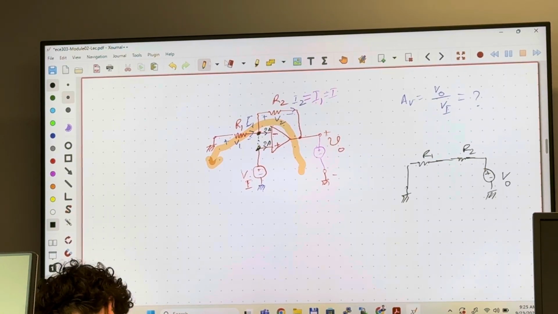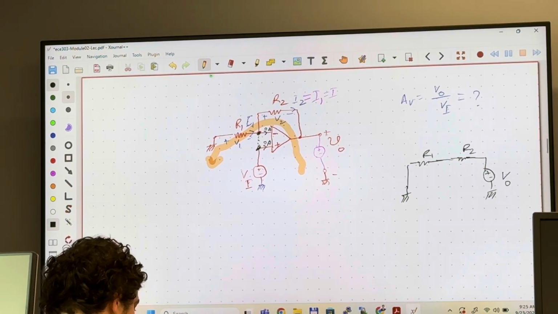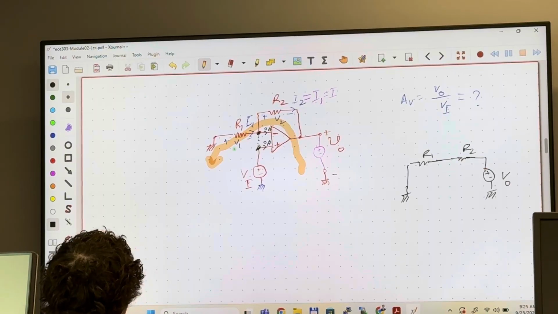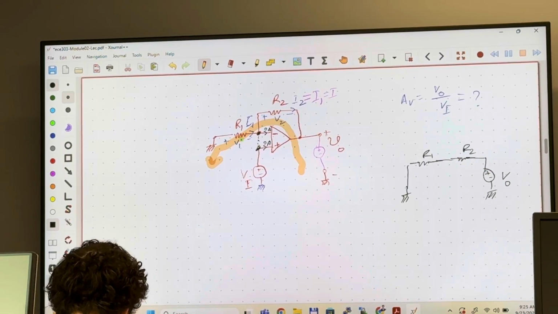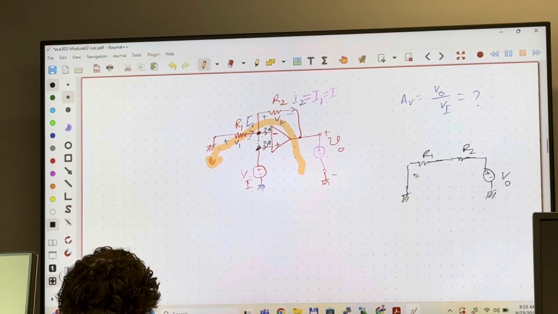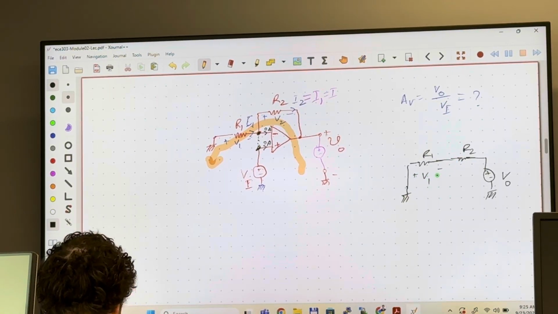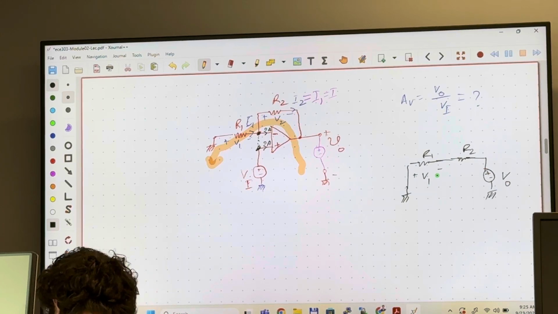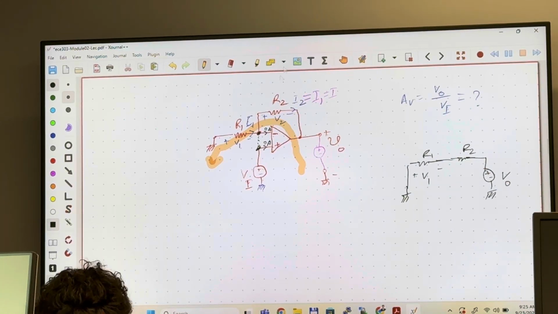Now, I want to get the voltage across R1. So what is the voltage across R1 here? I1 times R1, which is I2 times R1, same, right?